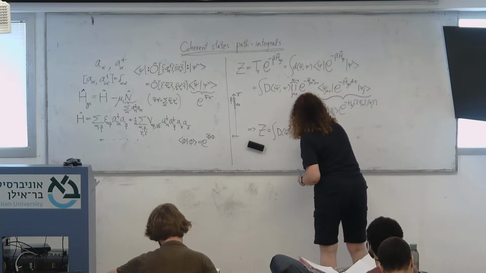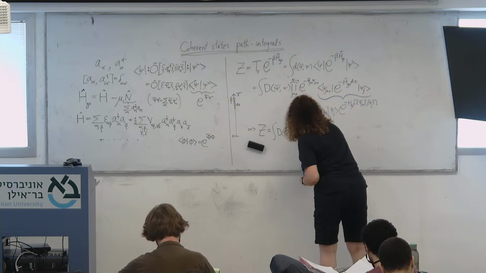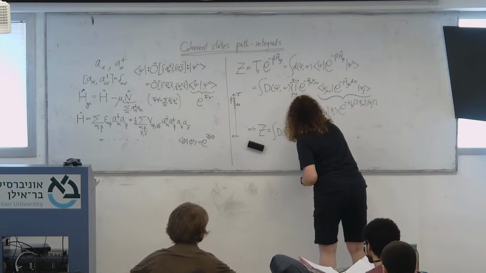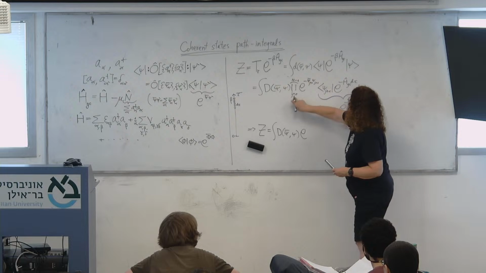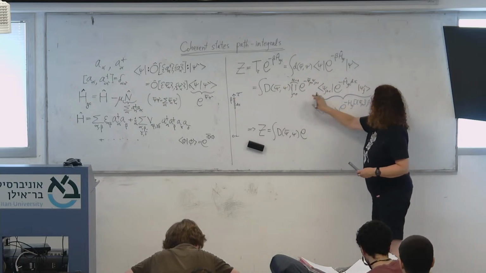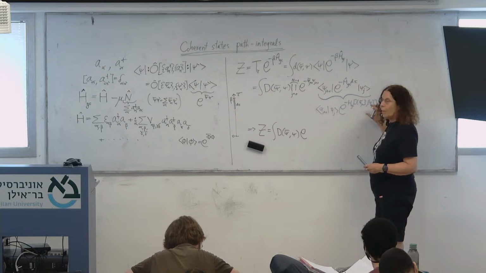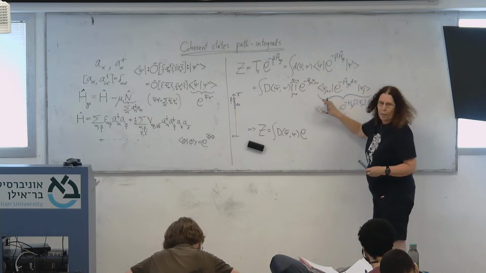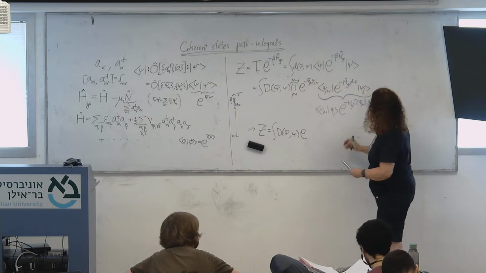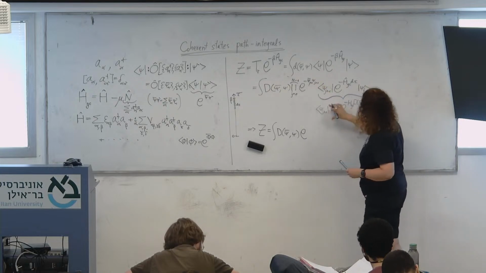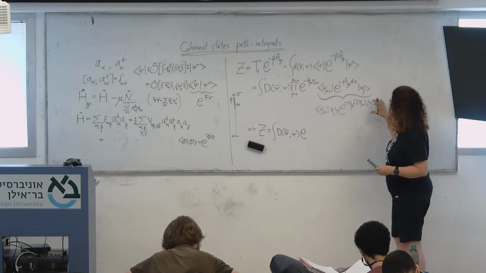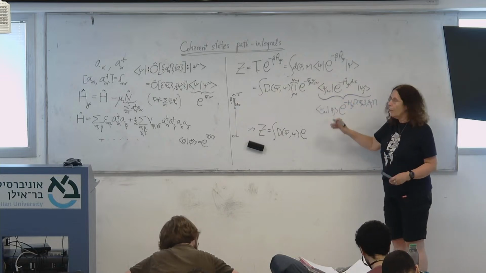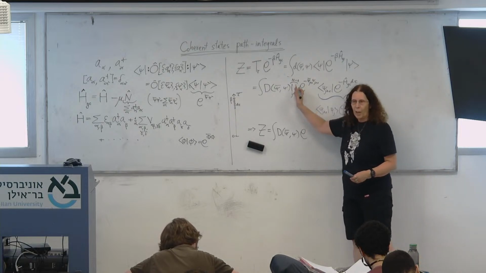Here I have a product over j of a set of numbers that all depend on j, and these are just exponentials. Everything here is an exponential. So I have a product of exponentials that depend on an index j, and I take the product over all j.